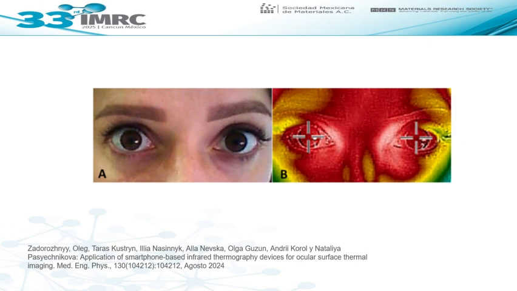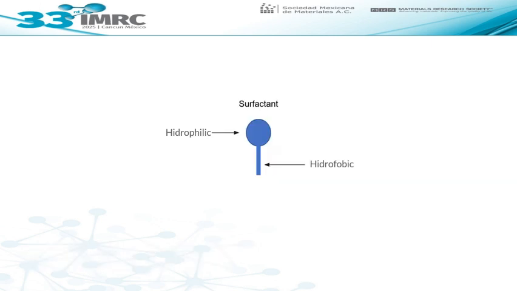Well, our work proposed the study of thin films of aqueous solutions to mimic, in some way, the behavior of the ocular film.